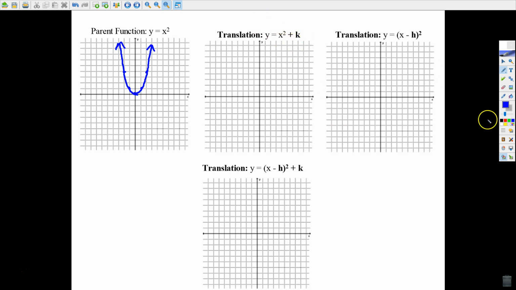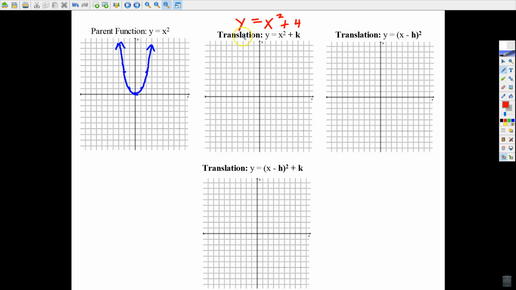So let's just do an example. Y equals x squared plus 4. Well, the plus 4 is not in any kind of grouping symbols, no parentheses, so it's got to be a vertical shift. Vertical is great because plus means up, minus means down.